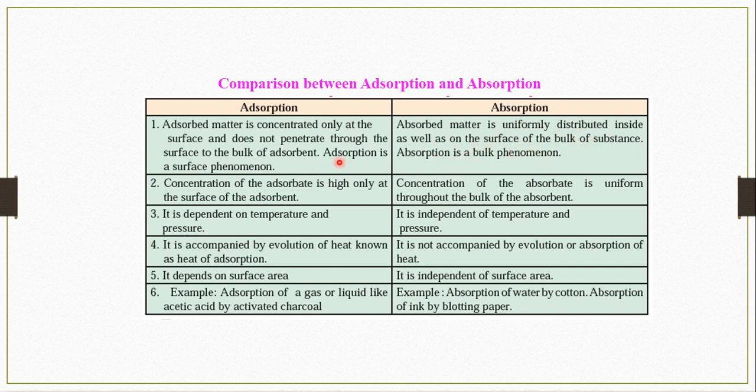So adsorption is a surface phenomenon, while absorption is a bulk phenomenon. The second point is that in adsorption, the concentration of the adsorbate is high only at the surface of the adsorbent.